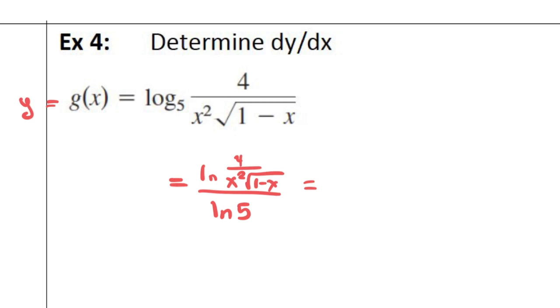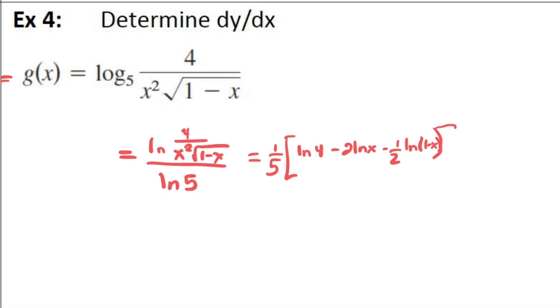Then let's do some algebra to split this problem up and rewrite this as the natural log of 4 minus 2 natural log of x minus 1/2 natural log of the quantity 1 minus x. So that algebra is going to make this much simpler when we find dy dx.